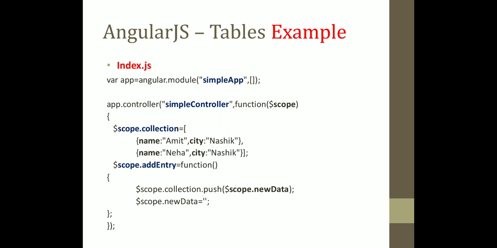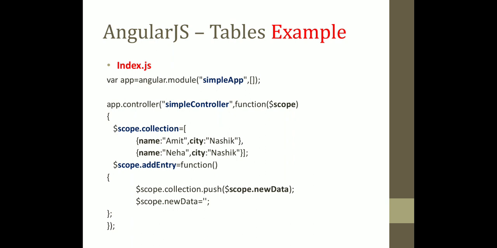Here we have created var app. So var app is given for creating an app module, right? We have seen the example for creating a variable in the last session.